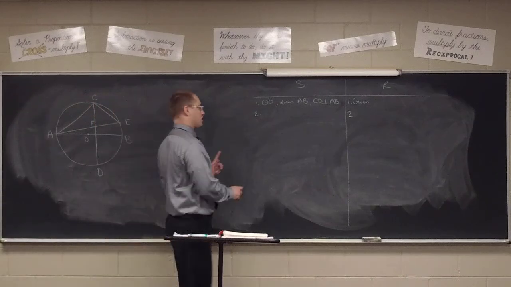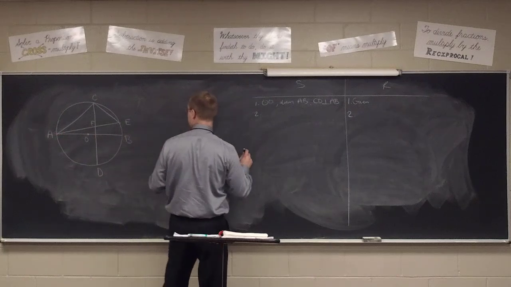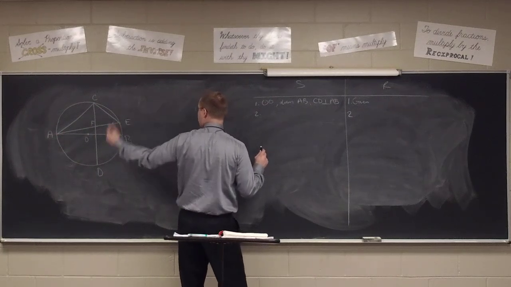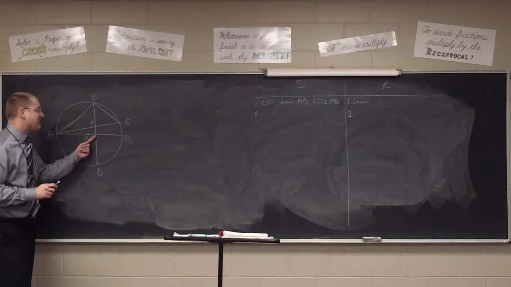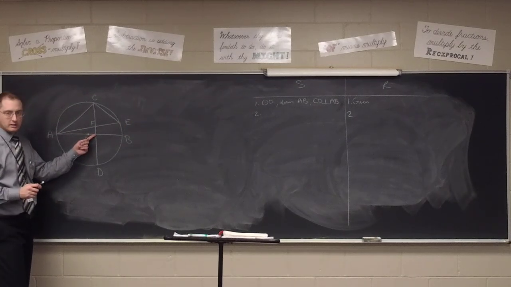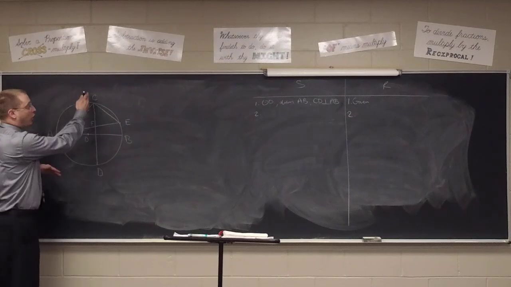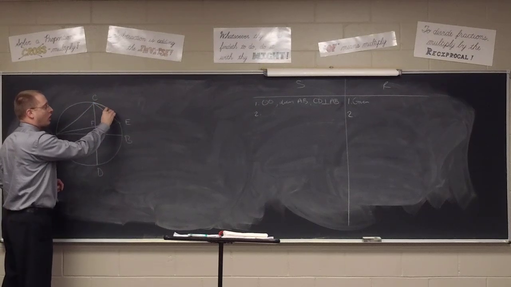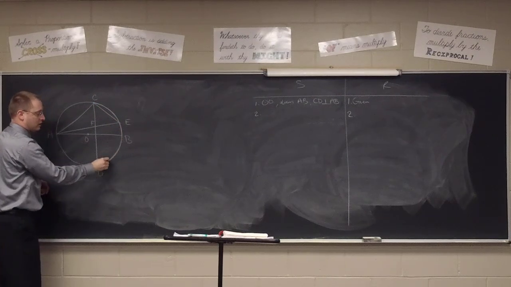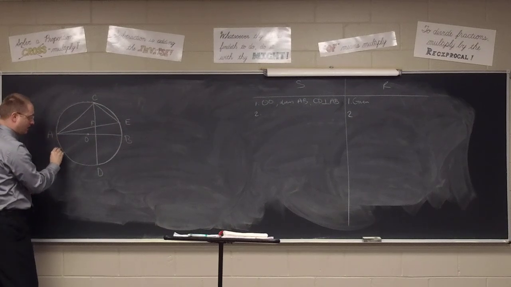So, number 2, if CD is perpendicular to AB, then AB is going to bisect CD. Now, interesting, they didn't actually label this point, because I don't care for a change that the chord is bisected. I care that this arc is bisected, and this arc is bisected.